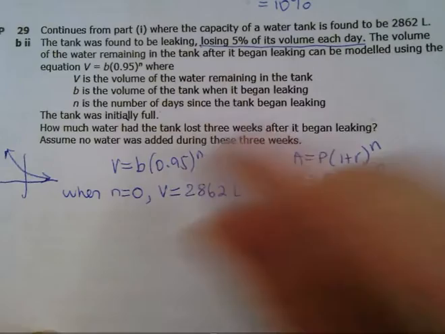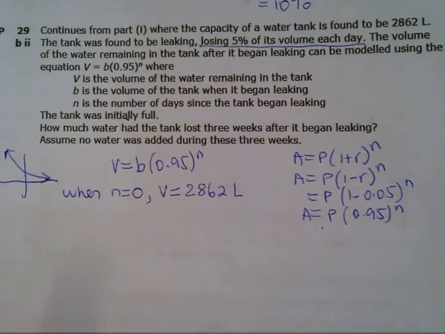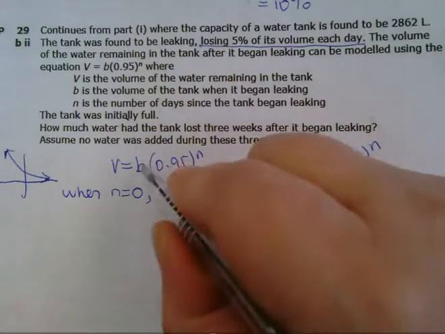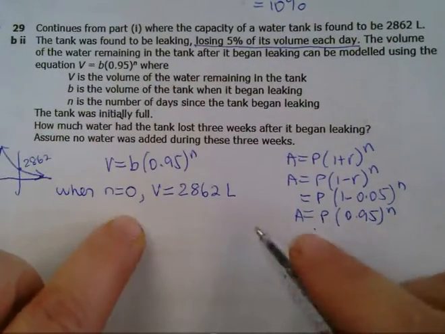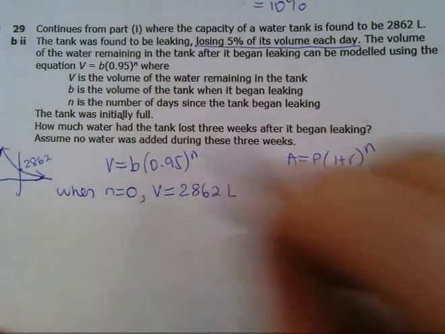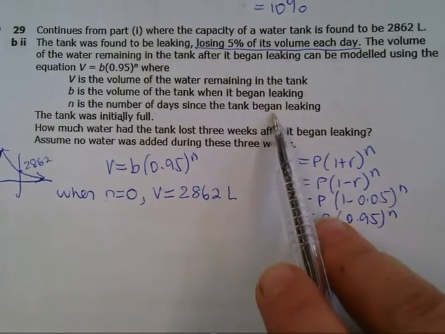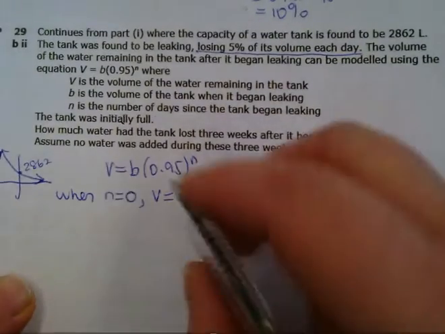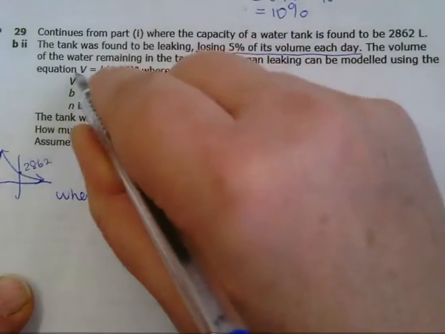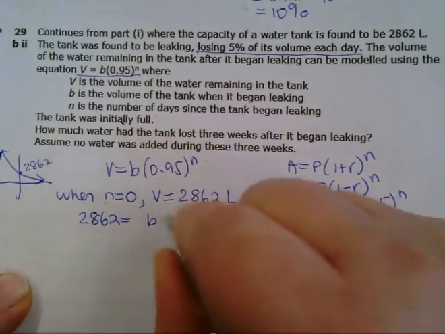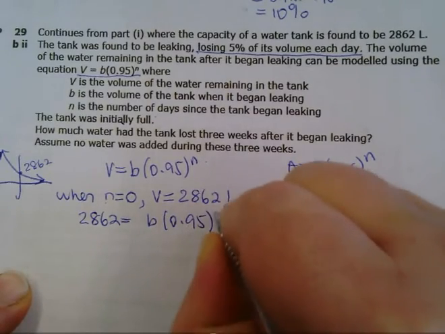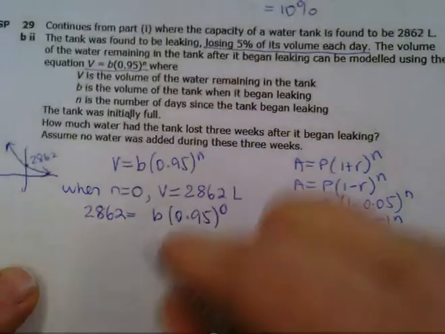So we can substitute it in, but can anyone tell me what that B is without me doing any substitutions? B is always your initial. It will be 2862, but we'll do it by substituting. So we know that when n is 0, after no days, initially, the volume is 2862. We can substitute it into the equation: 2862 equals B times 0.95 to the power of 0, because n is 0.